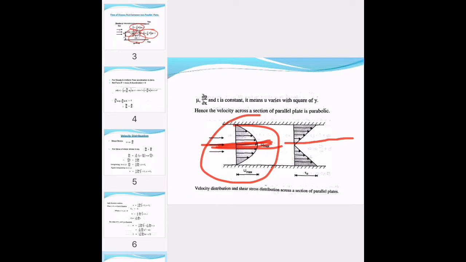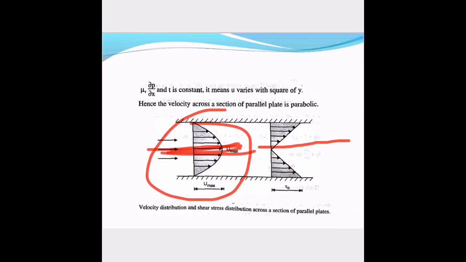That means when y equal to t by 2, only then does the maximum velocity occur, and near the boundary the velocity is 0. That is why the shape of the velocity distribution diagram is a parabola. Is that clear, everyone?